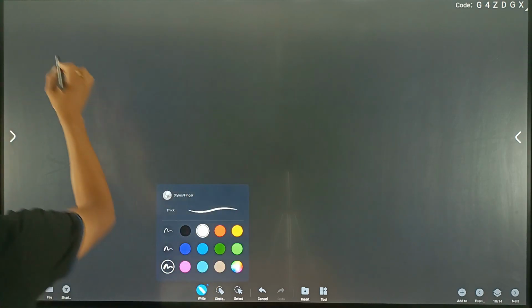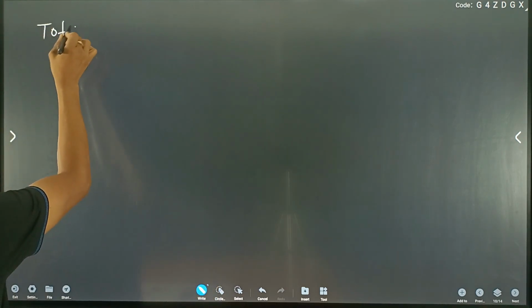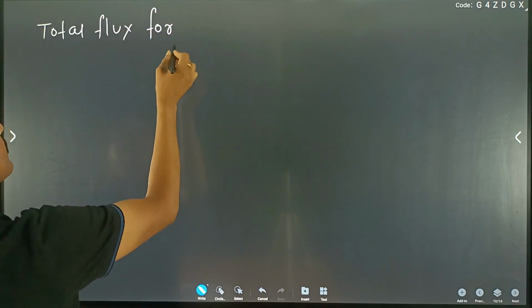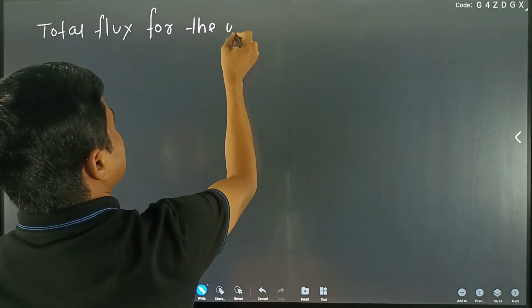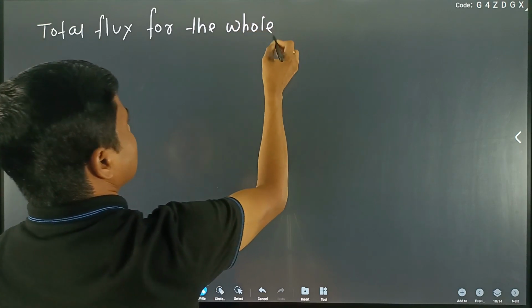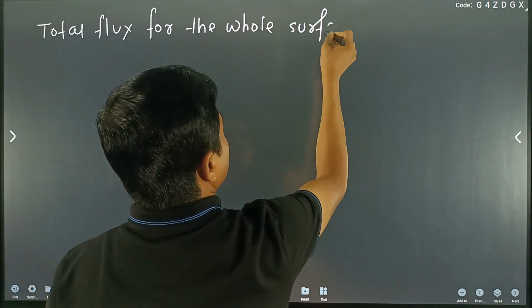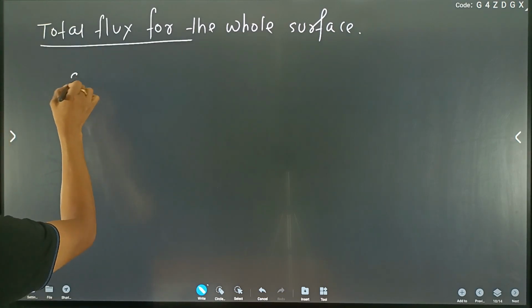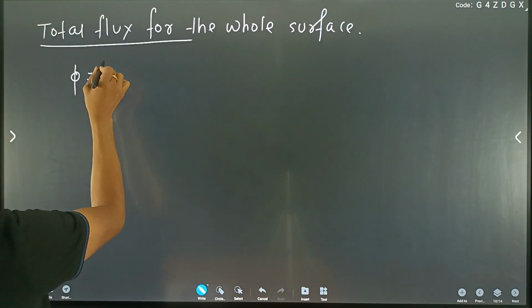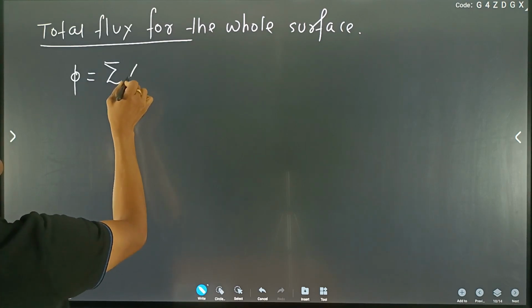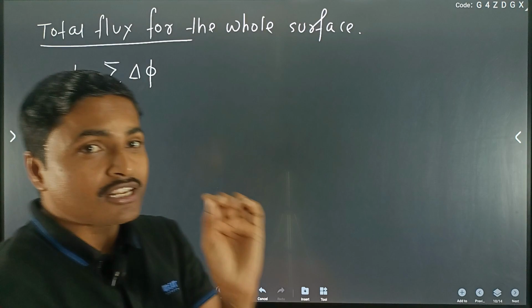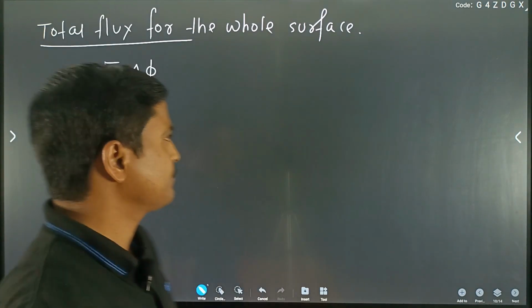Total flux for the whole surface we write as phi. Phi is equal to the summation of all the small electric fluxes.